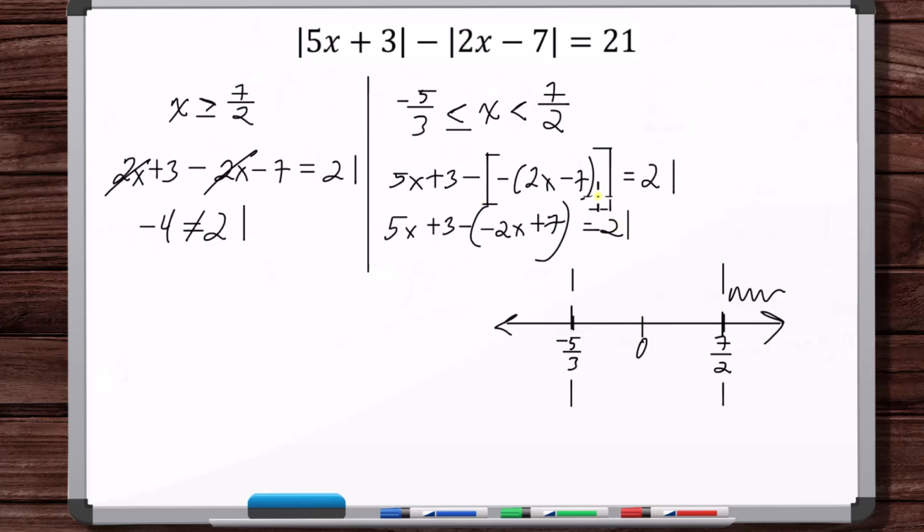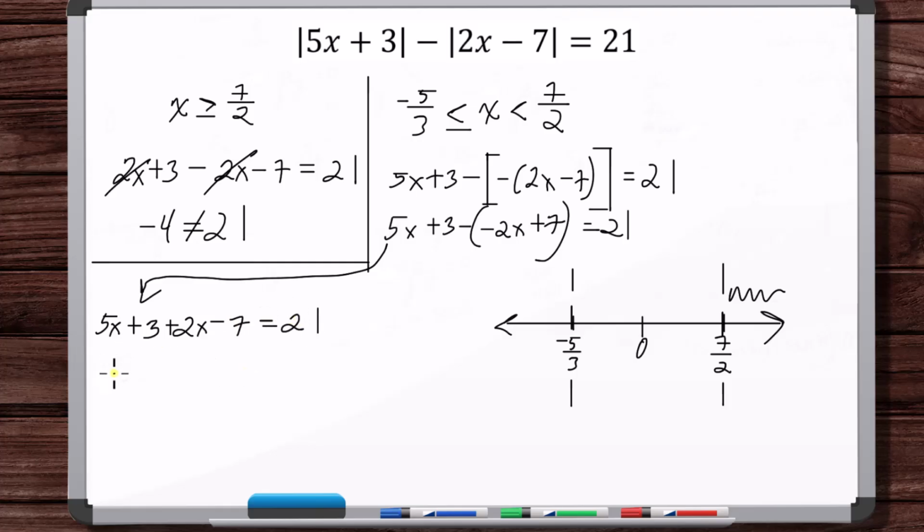Okay, so we've got 5x plus 3 plus 2x minus 7 is equal to 21. 5x plus 2x is 7x. 3 minus 7 is minus 4. 21 plus 4 is 25. X is 25 over 7.